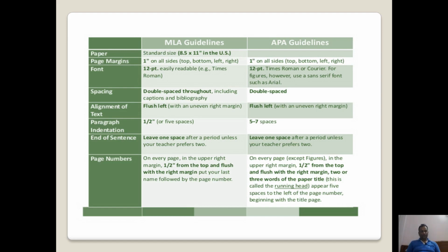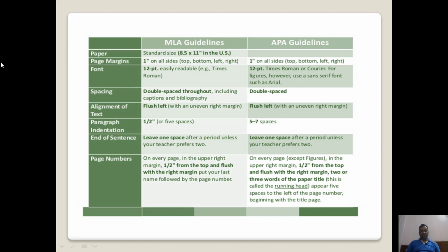Paragraph indentation, 5 to 7 spaces are given. End of sentence, leave one space after a period unless your teacher prefers otherwise. Means in both MLA guidelines and APA guidelines, both are given the same.